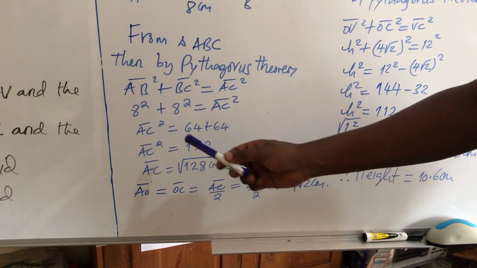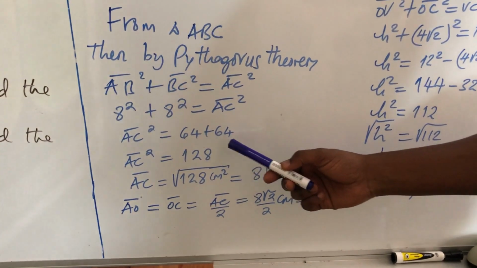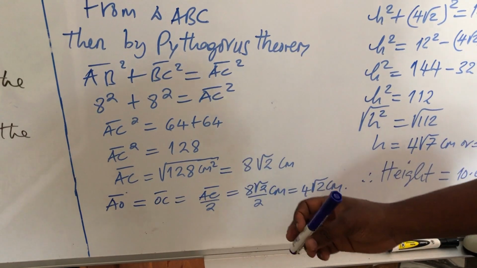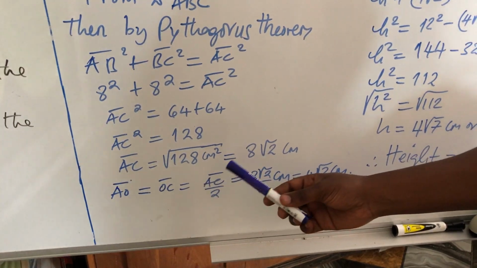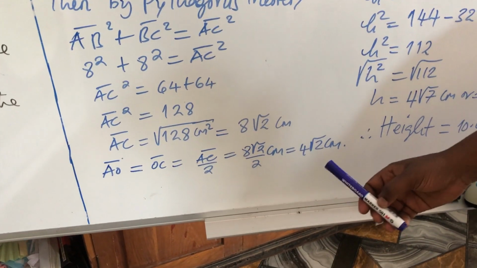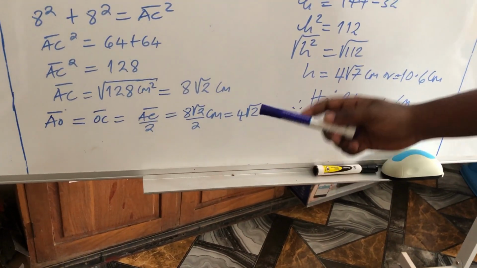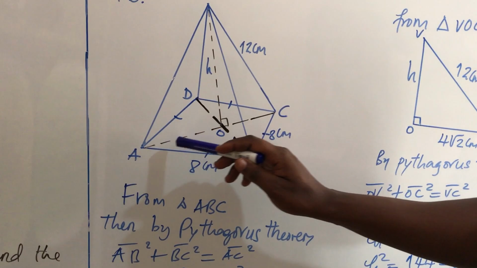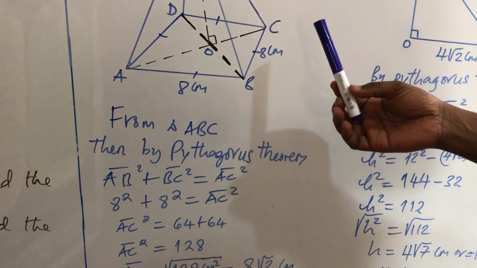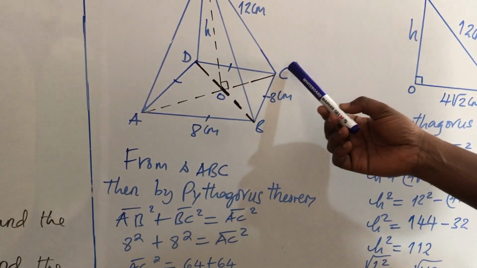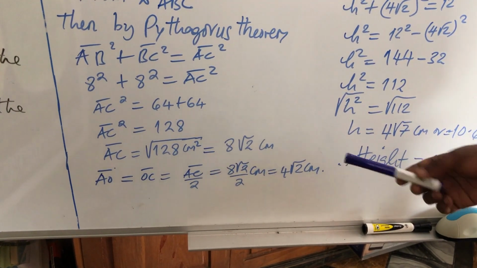Operating the terms, AC square equals 64 plus 64, which is 128. Square rooting both sides, AC equals 8 radical 2 centimeters. But what we need here is half of the diagonal AC. So AO, and OC, is the diagonal AC divided by 2. 8 radical 2 divided by 2 gives 4 radical 2 centimeters.